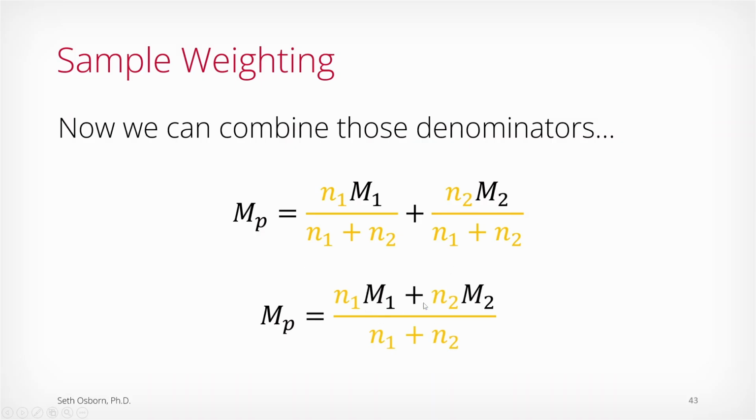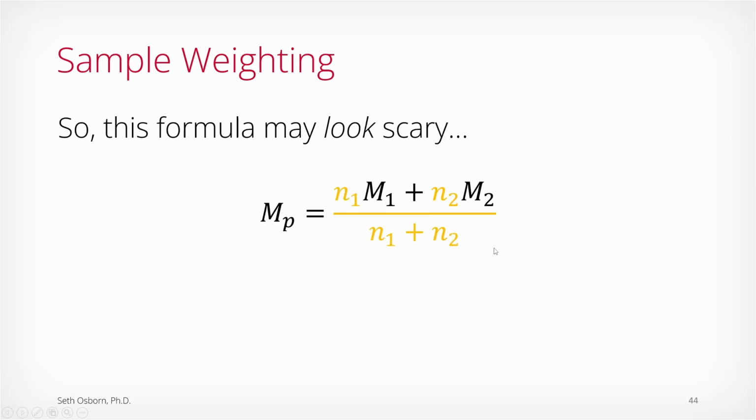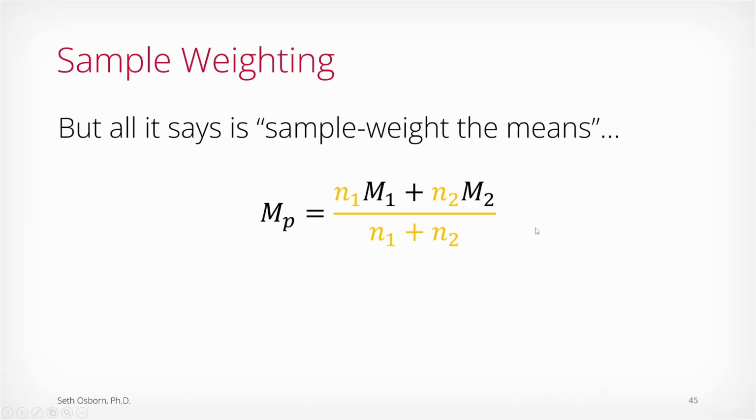Multiply each mean times its own sample size and then divide by the total sample size. Maybe it looks scary at first, but all that this says is sample weight the means. In other words, multiply them times the proportion that they make up out of the total, because that's how much weight they deserve. That's how much weight they're bringing to this party.